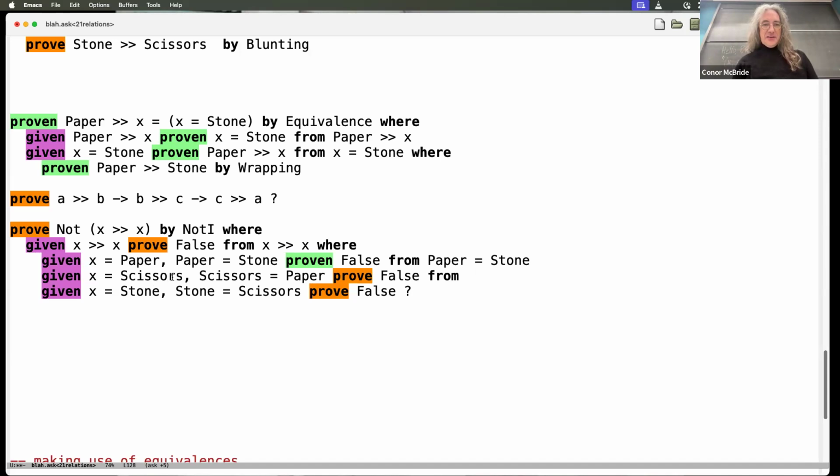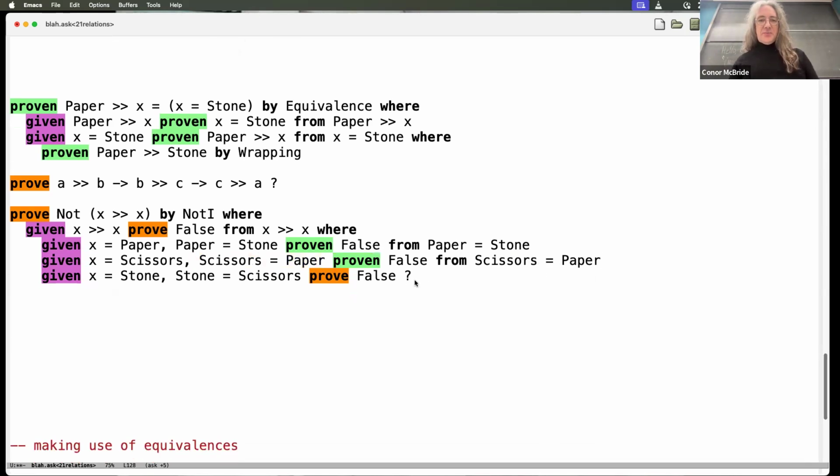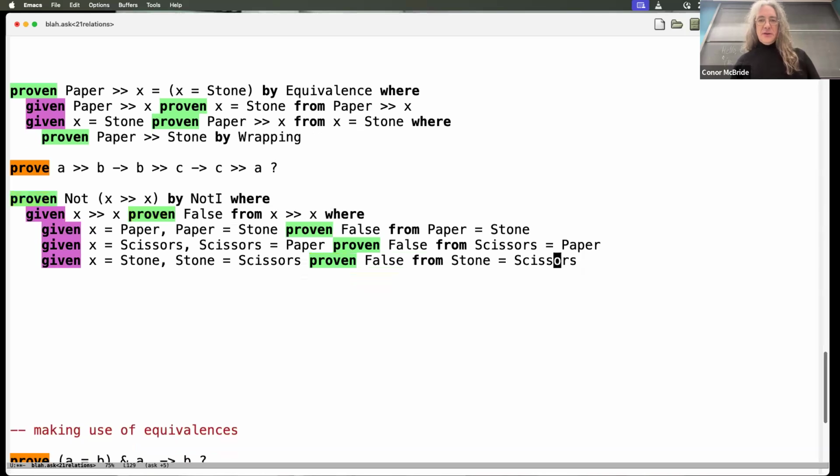But scissors isn't paper. But stone isn't scissors.